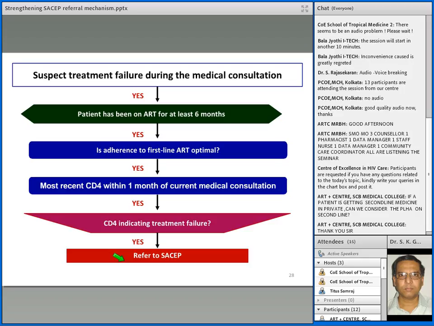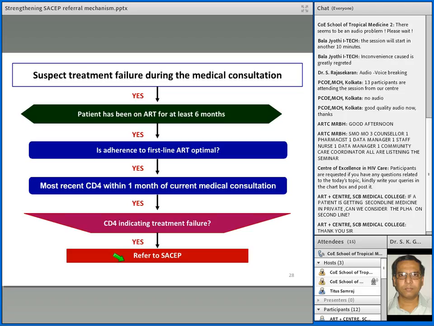It could be someone who is immunodeficient and developing another opportunistic infection, and for that the CD4 count might also go down. So that's why you need to look whether the patient is already on ART. The duration of ART is very important. At least the patient should be on ART for 6 months before you actually suspect treatment failure.